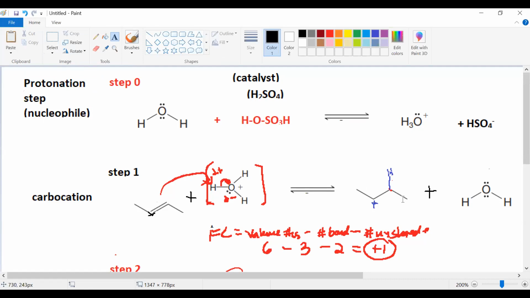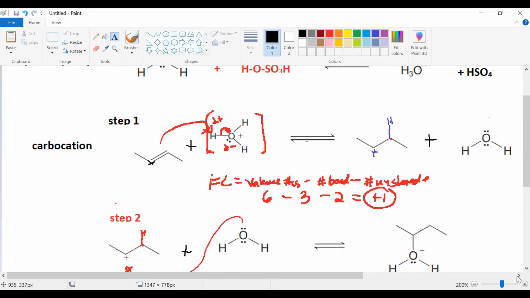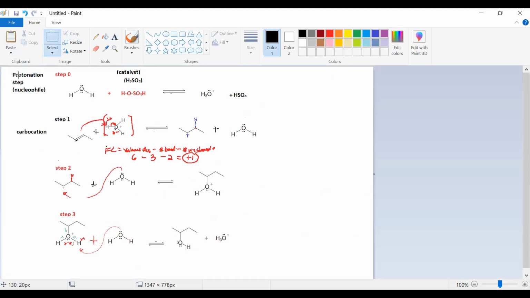Okay, so you get your step 1 and then step 3. I'll just add this one.